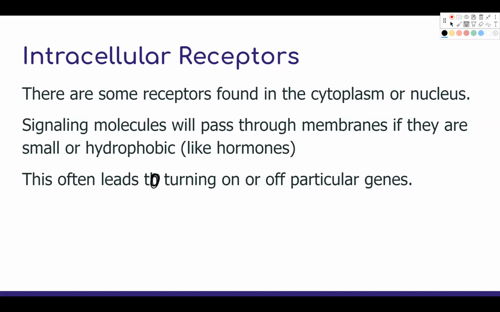So these hormones, the intracellular signals flow through the membrane. Once they're through the membrane, they can reach their receptors inside the cell. And once they reach those receptors inside of the cell, it usually leads to directly controlling which genes are transcribed and translated. But some of them have a few other random effects.